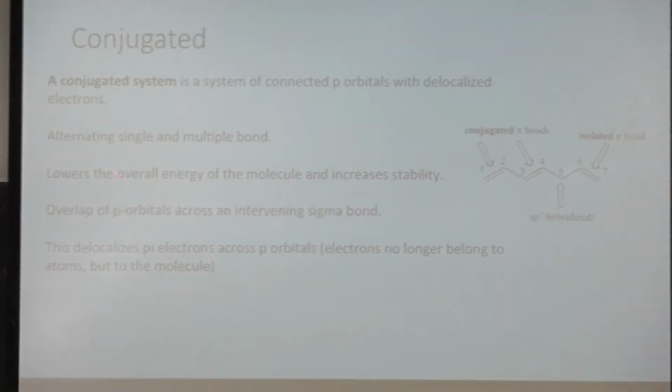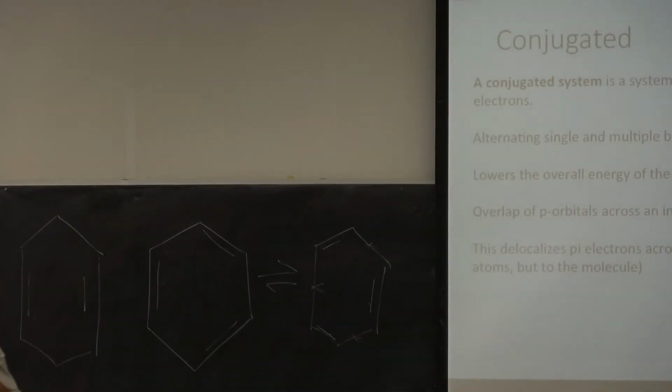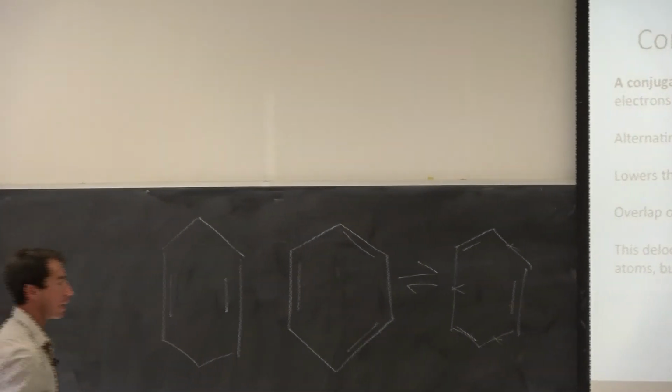So this ability to have multiple conformations in the same energy state lowers the energy of the molecule, increases its stability, okay? So you essentially get this overlap of p orbitals across this intervening sigma bond, okay? So despite the fact that these pi electrons are not directly adjacent to each other, they can couple.